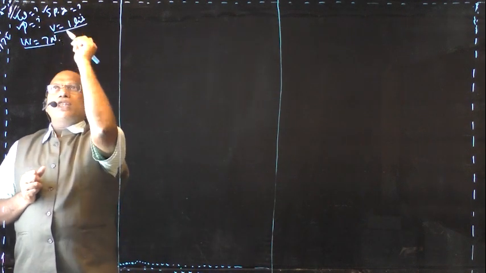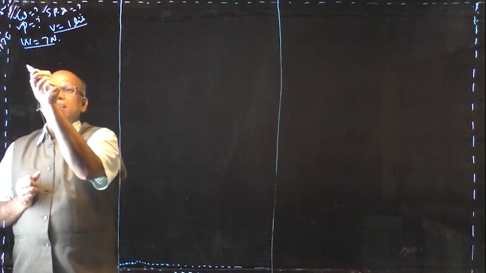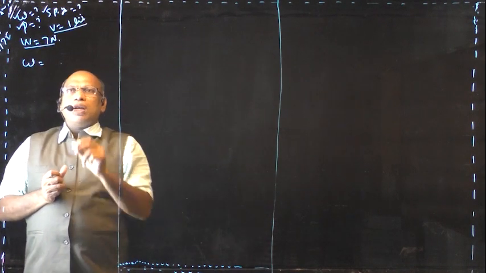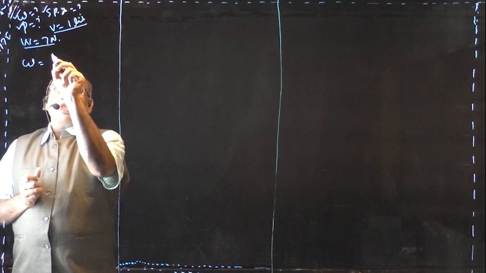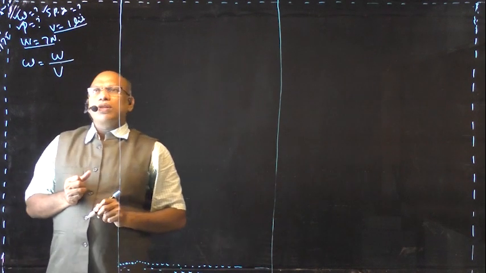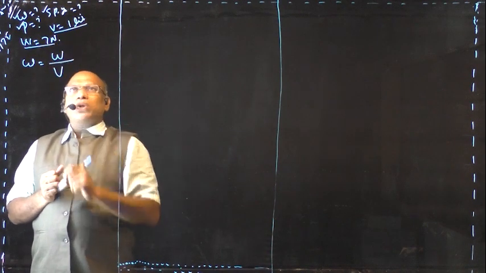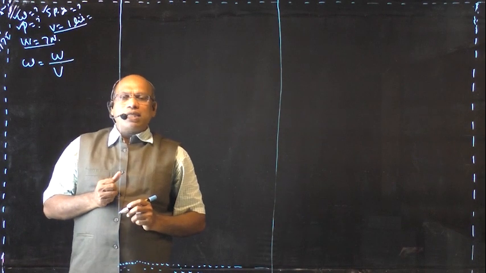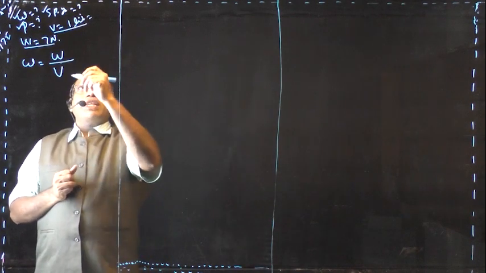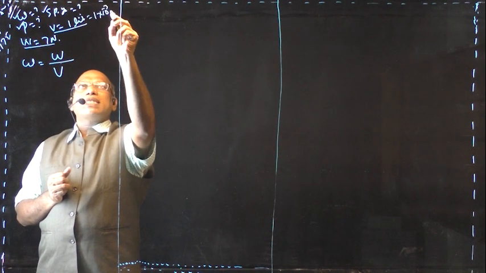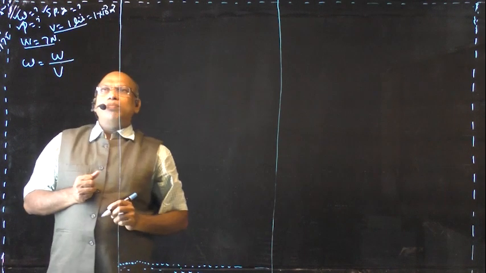First, for the determination of specific weight: specific weight equals weight by volume. But weight is given in newtons and volume is given in liters. First convert that into meter cube, that is equal to 1 into 10 power minus 3 meter cube.